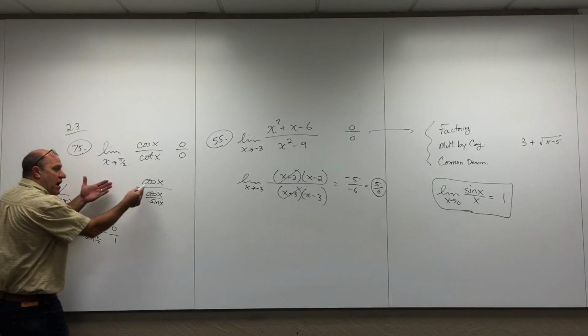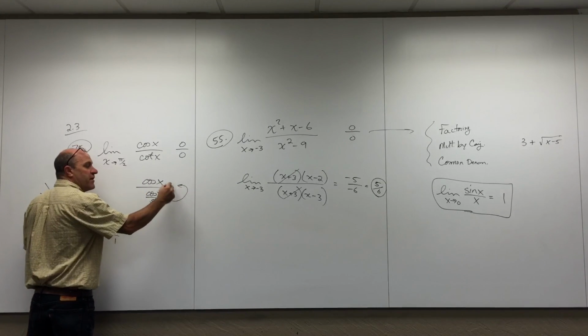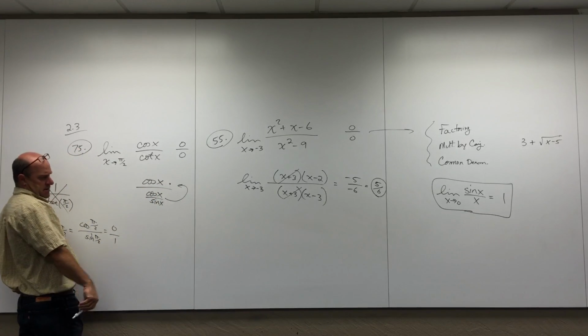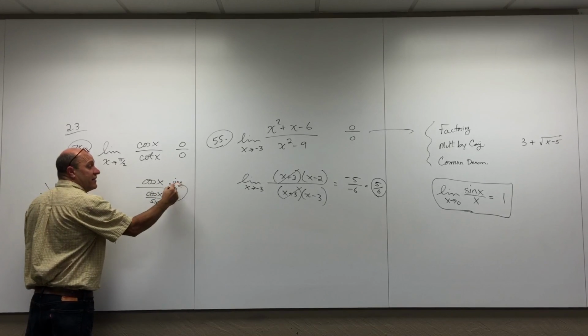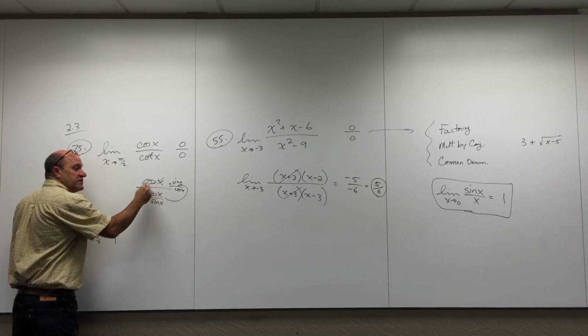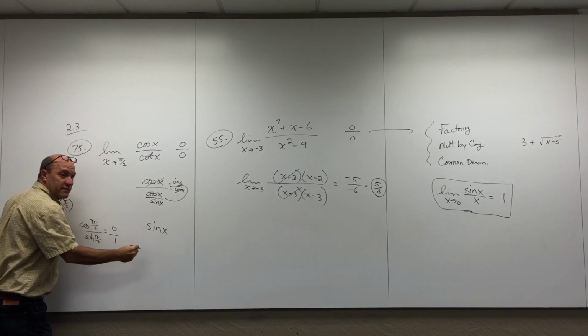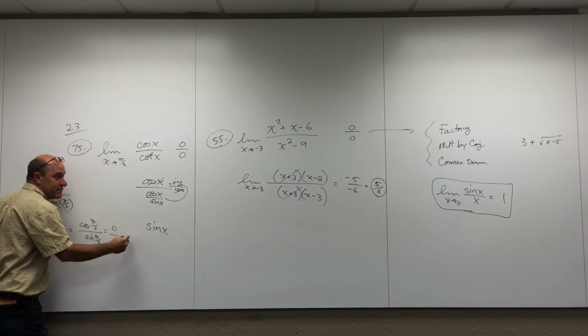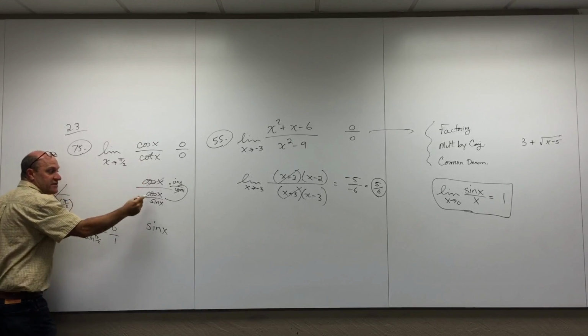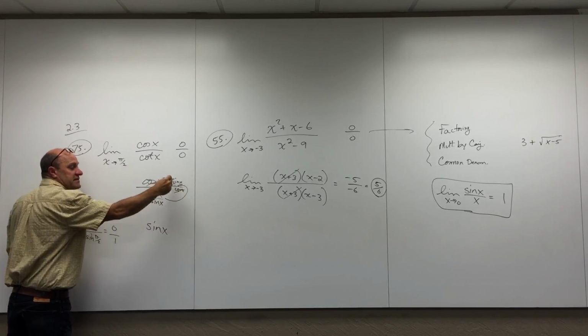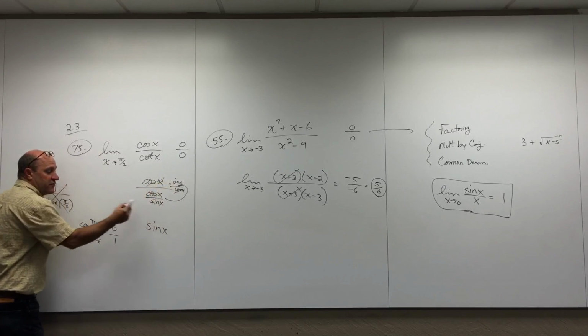The way you clean up complex fractions is I'm going to flip this up and multiply by sine over cosine. Well, that's sweet. The cosines cancel. This whole thing just turned into a sine function. Did you follow that? Cotangent's cosine over sine. You flip it up, it's sine over cosine. The cosines cancel. You're left with sine.